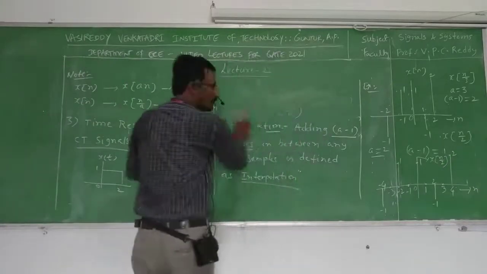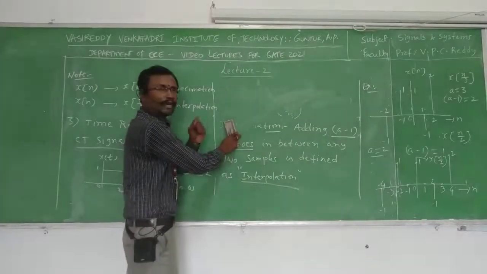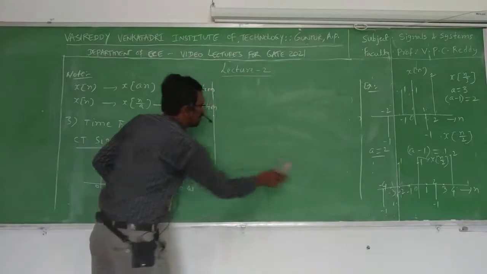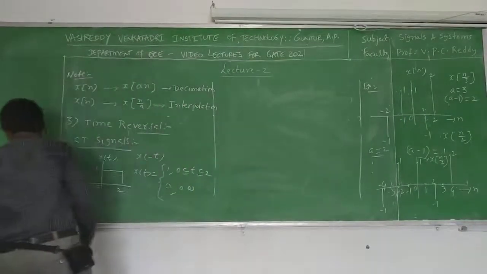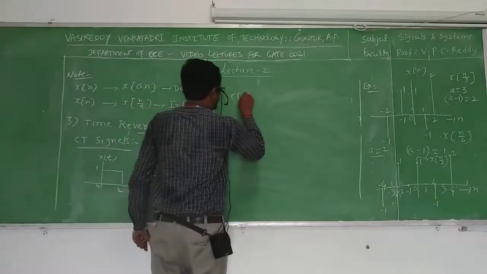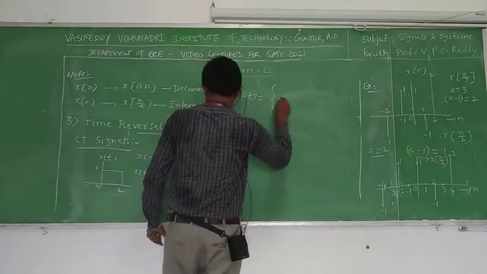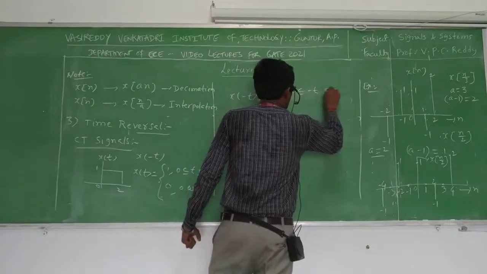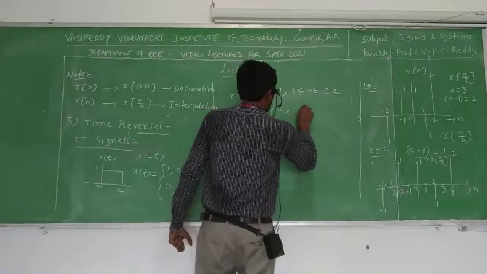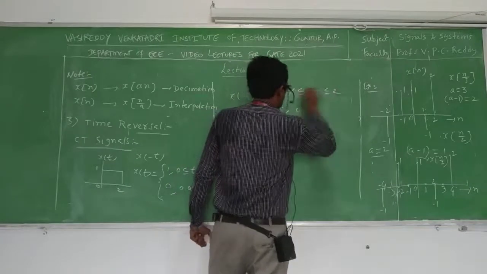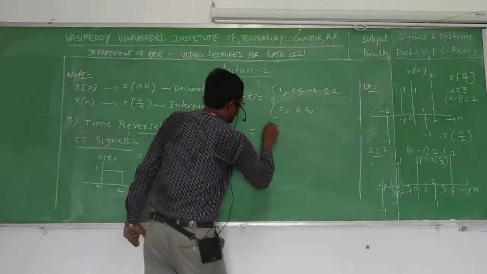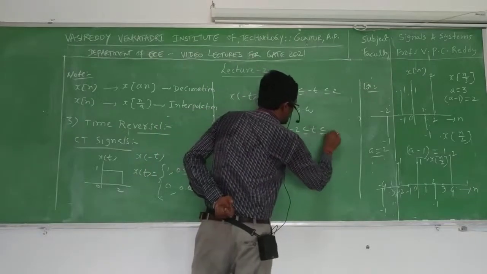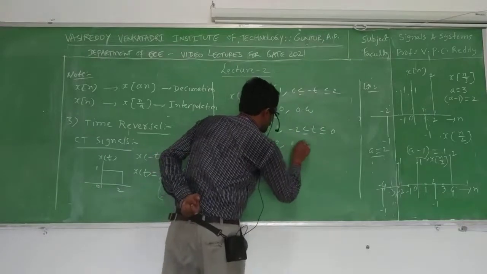For time reversal, we have to replace t with minus t, which is nothing but keeping a mirror on the y-axis. So we get 1 for 0 less than or equal to minus t less than or equal to 2, 0 otherwise. Moving the minus sign to the other side, we get 1 for minus 2 less than or equal to t less than or equal to 0, 0 otherwise.